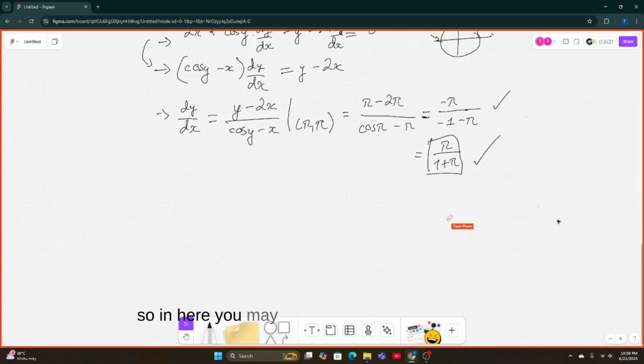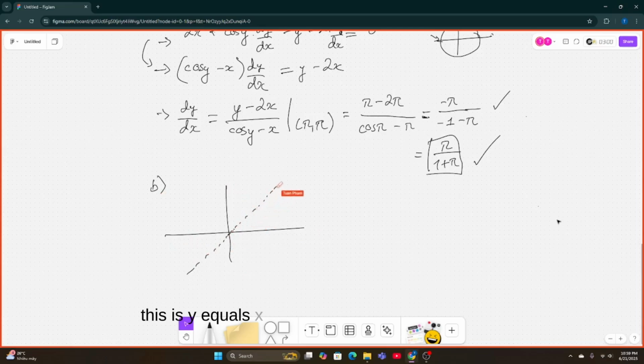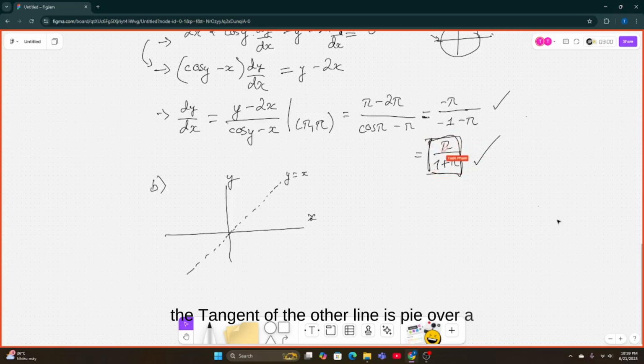So in here, you may want to do some quick plotting. The line y equals x looks like this, right, on the x and y axis. And the gradient of the other line, the tangent, is pi over 1 plus pi.